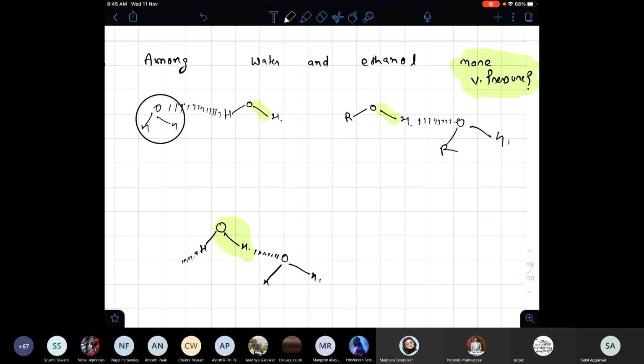This hydrogen can also have hydrogen bonding, and this oxygen can also have hydrogen bonding. But in this case, the alkyl group cannot have hydrogen bonding, because hydrogen bonding is the force of attraction present between hydrogen and oxygen.